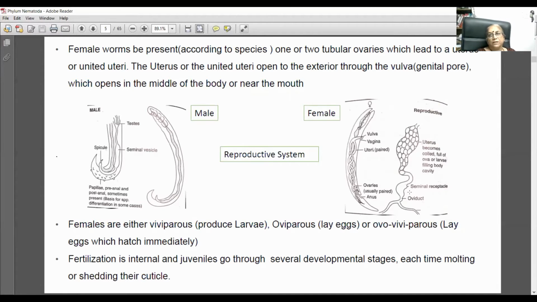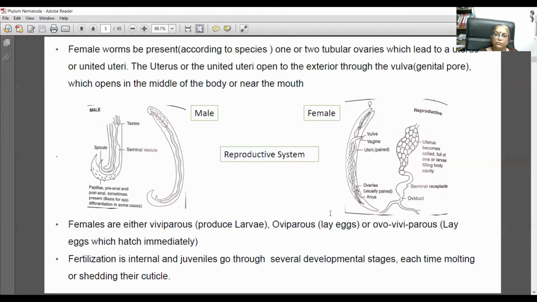In females, depending upon the different species, different ways of reproduction are there. They can be viviparous, which means they produce larvae. Oviparous is when the worm lays eggs.